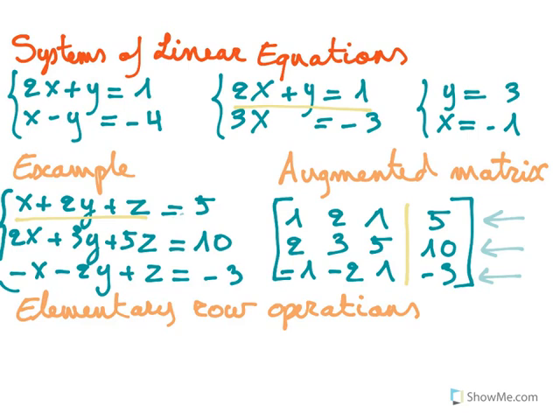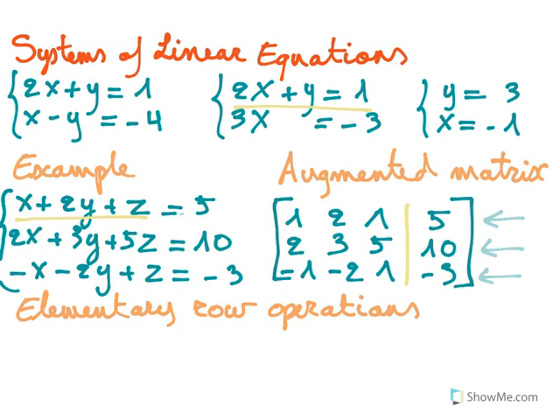Now what we want to do is replace this augmented matrix with another matrix that has the same solutions, but that is a lot simpler. And with a lot simpler, I mean, well, a matrix that contains a lot of zeros. Well, how can we do that?